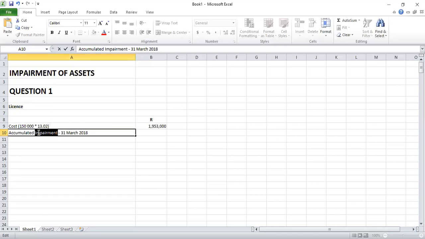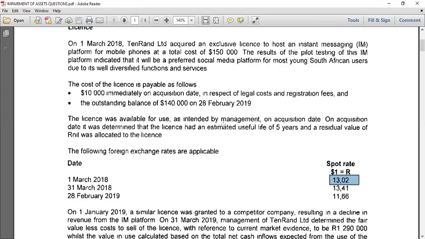Remember that for intangible assets, we don't have depreciation, in place of depreciation we have what we call amortization. We are told that it was available for use on our question date. So we'll provide amortization from 1 March 2018.